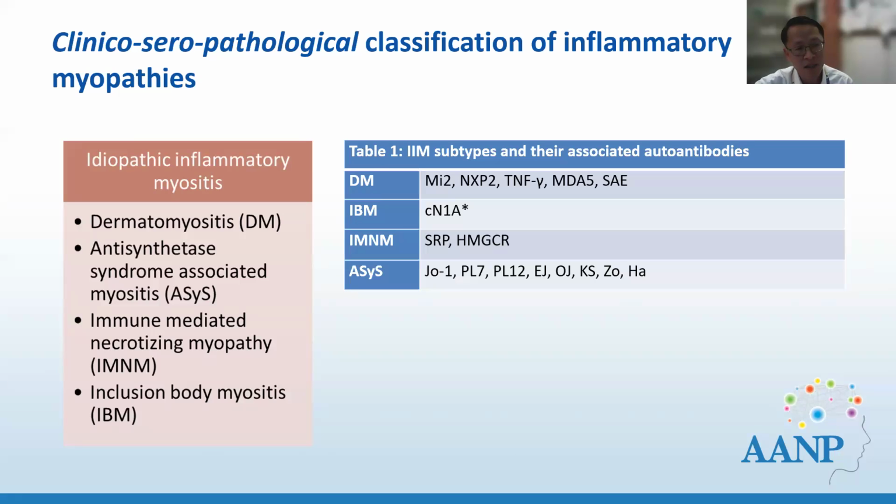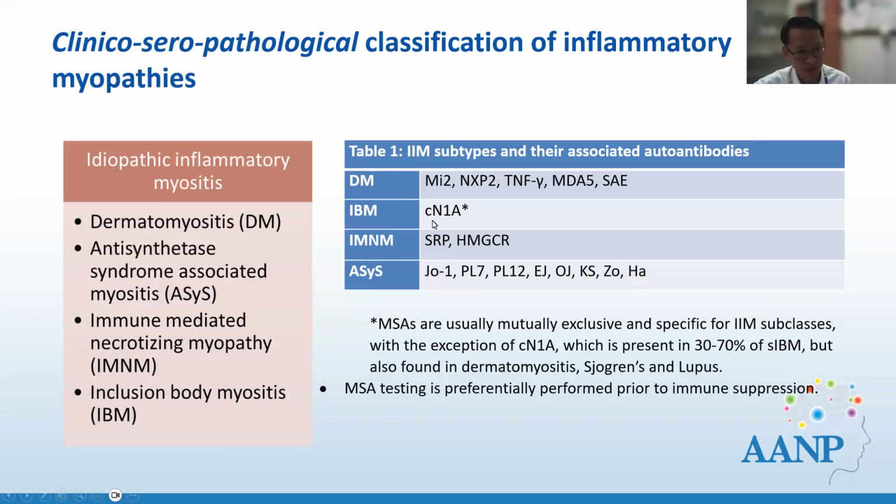However, they can be set aside from all the others by these myositis-specific antibodies, which are listed in the tables here. There are 5 for dermatomyositis, 2 for immune-mediated necrotizing myopathies, and 8 for antisynthetase syndrome.